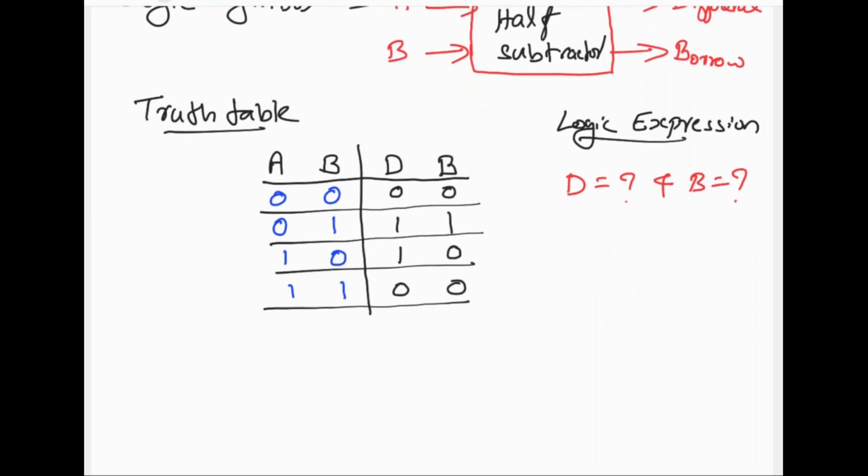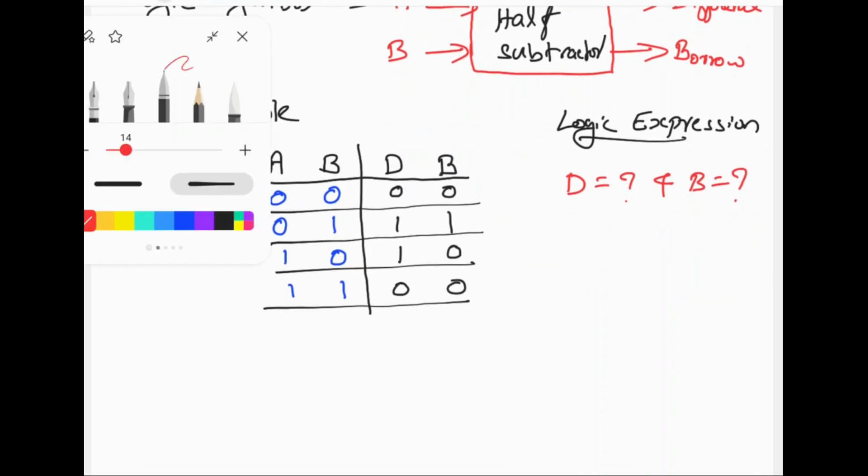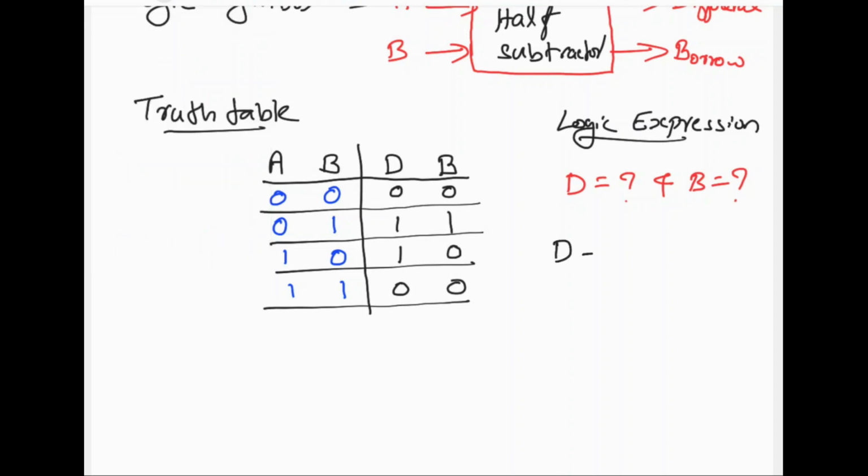First we will see the difference, the equation for difference. So that is D is equal to. We can see D is 1 in this case and in this case. You can see here D is 1 in these two cases.